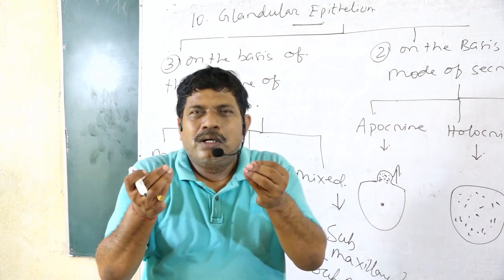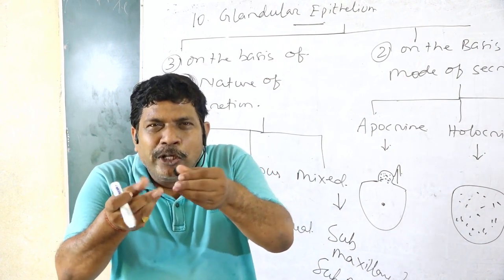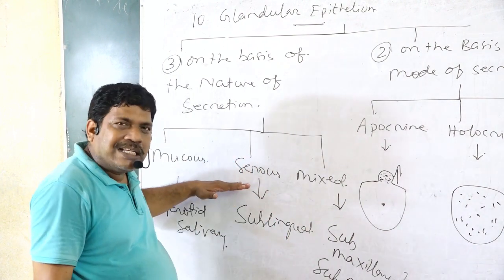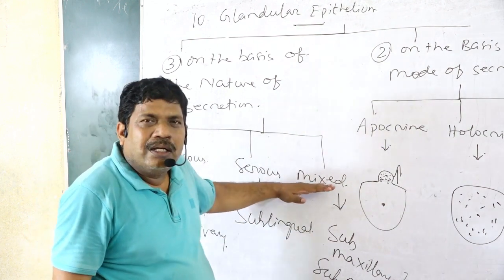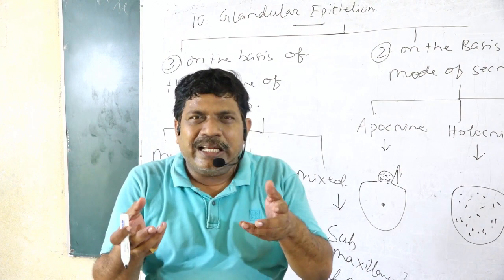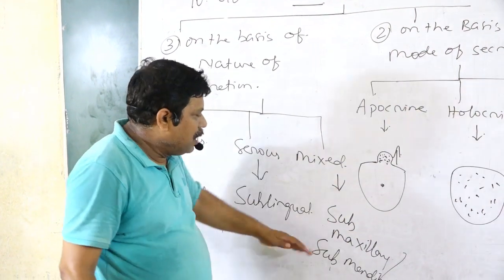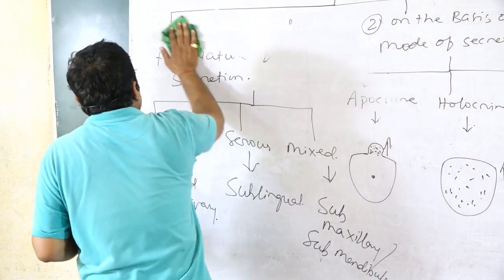Whether the glandular epithelium secretes one watery fluid, that is called serous gland, your sublingual gland, and whether the glandular epithelium secretes the mixture of both mucous and serous, then it is submaxillary or submandibular gland.